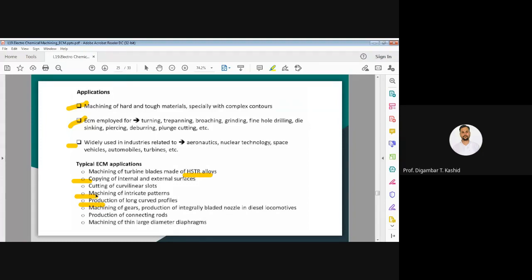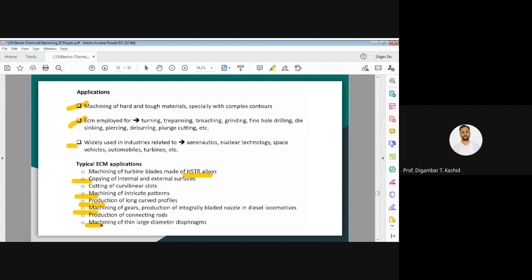Then the next typical applications: machining of gears, production of integrated blade nozzles in diesel locomotives, then production of connecting rods, then machining of thin large diameter diaphragms.